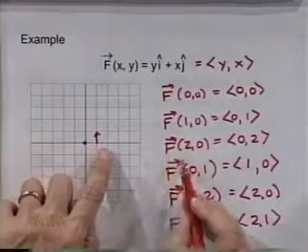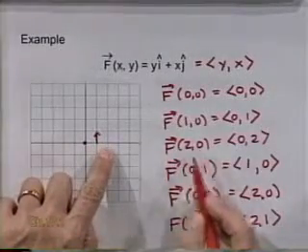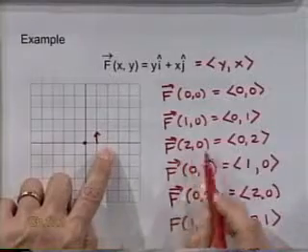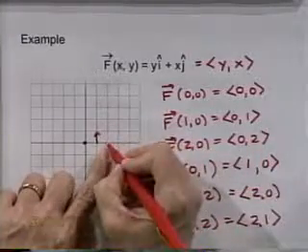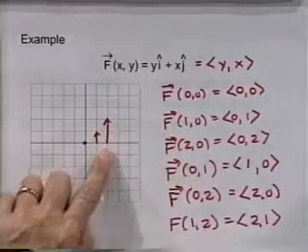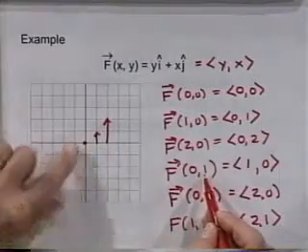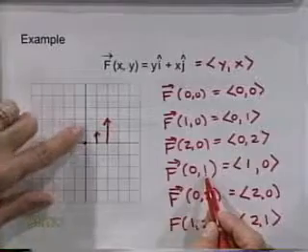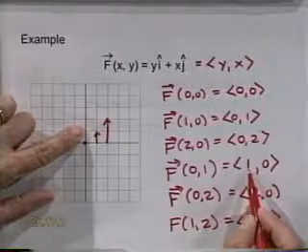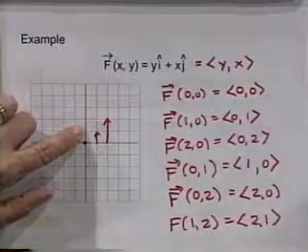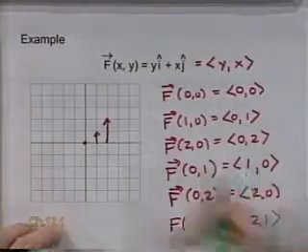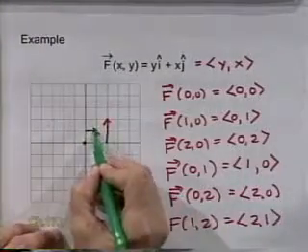Let's draw at the point 2, 0, the vector associated with the point 2, 0. Well, that's 0, 2, which looks like this. Okay, the output at 0, 1, now where is 0, 1? 0, 1 is x component 0, y component 1. Its output is the vector 1, 0, which has an x component of 1, a y component of 0.